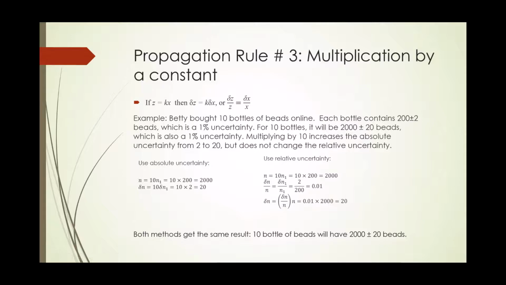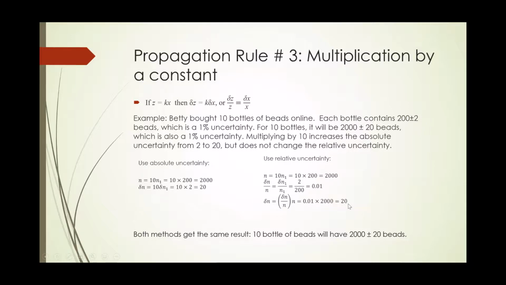If you use relative uncertainty, you're going to say delta n over n equals delta n1 over n1, which is again 0.01, or 1%. And you use that relative uncertainty multiplied by n, 0.01 multiplying 2000, you get 20, you also get 20.